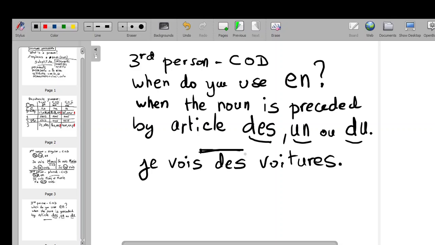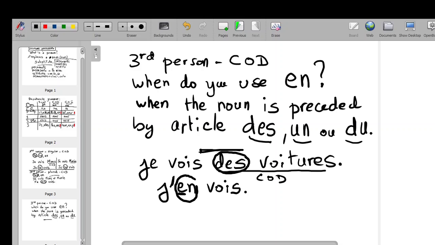So here, this is the COD of voir, and the article is des. So if you want to use a pronoun to replace des voitures, you have to use j'en vois. Here you have an apostrophe, so the e is gone because there's a vowel. So en refers to des voitures.